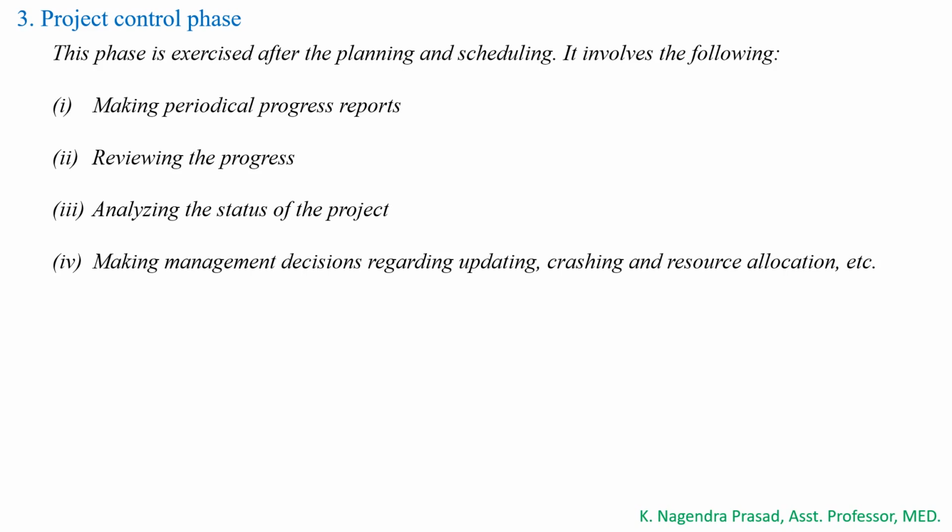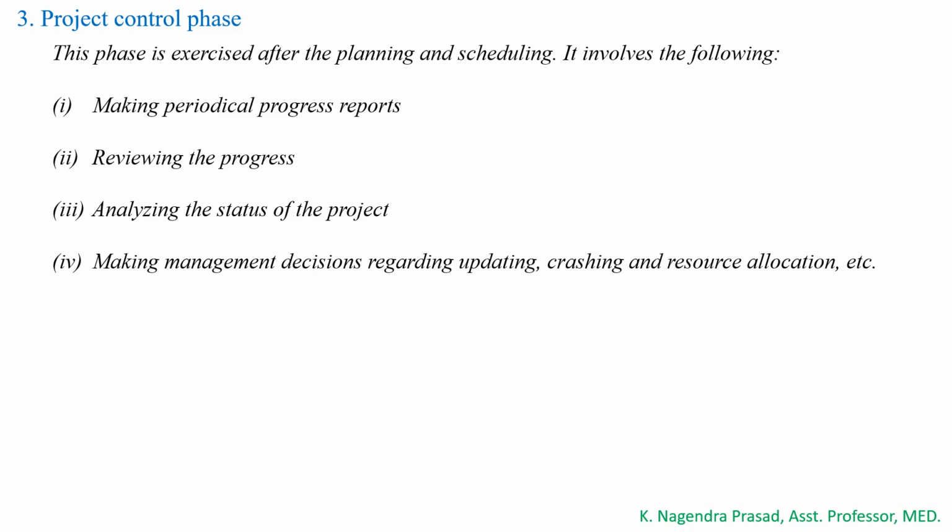It involves the following steps. The first one is making periodical progress reports. Here I have to make the report for all the stages: what is the planning and what is the execution. Then we have to show the differences in the progress of the project at each stage.